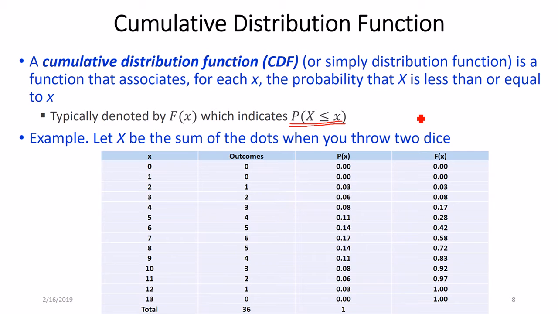In the example, let's have X as the sum of the dots when you throw two dice. The range of X is from 0 to 13. In column 3, we have the probability of X, P(x), for each value of x in the first column.